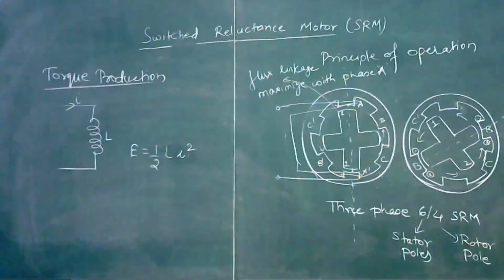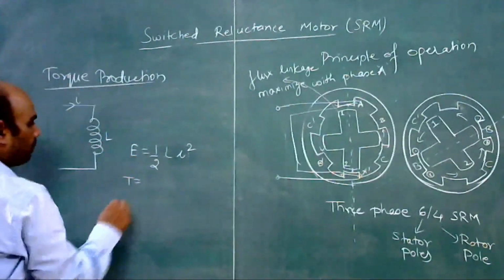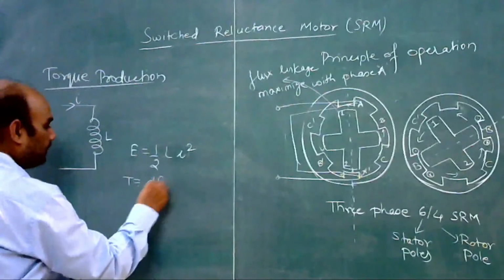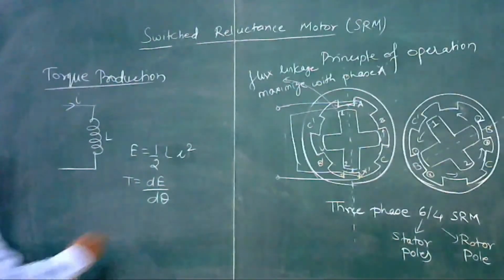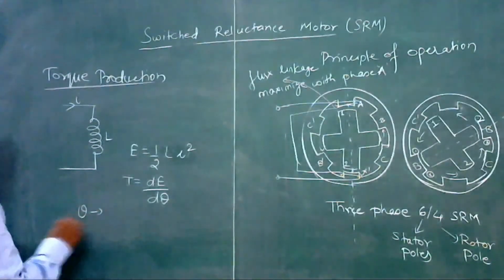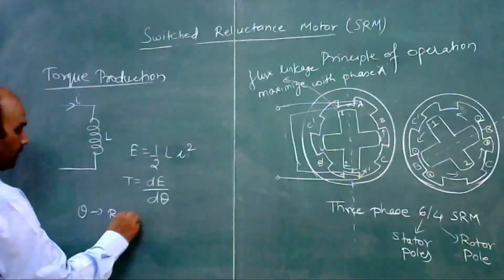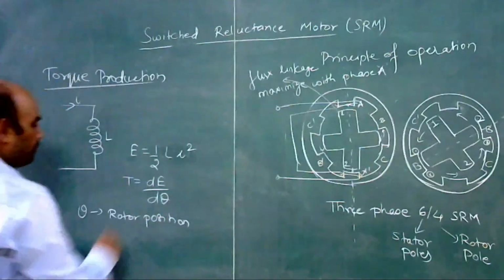And if you want to find the torque, torque is equal to dE with respect to change in rotor position. So theta is the rotor position, the rotor angle.